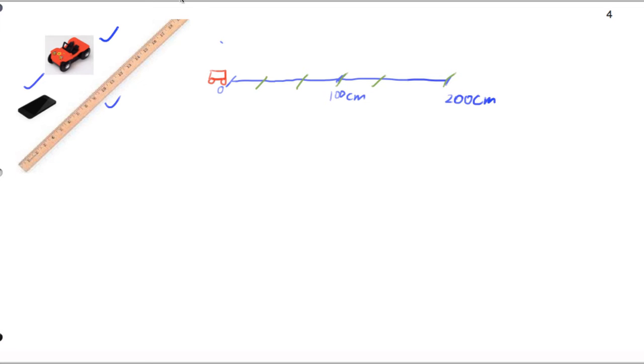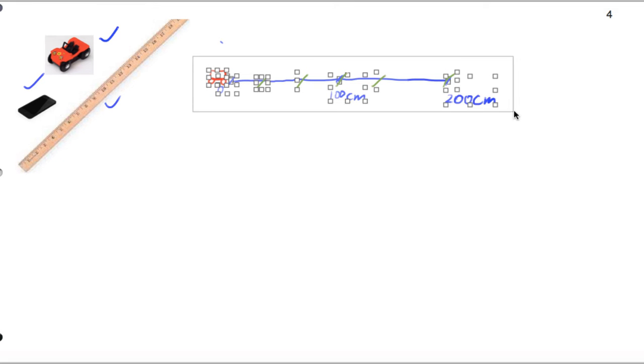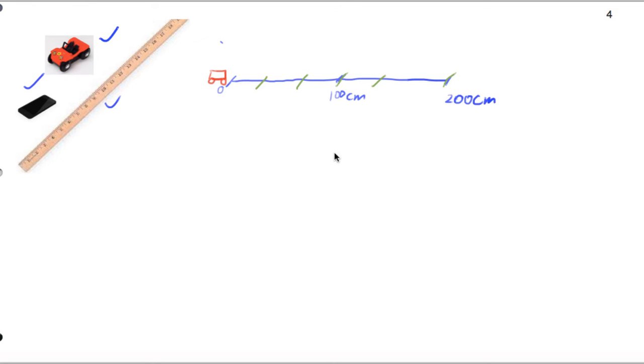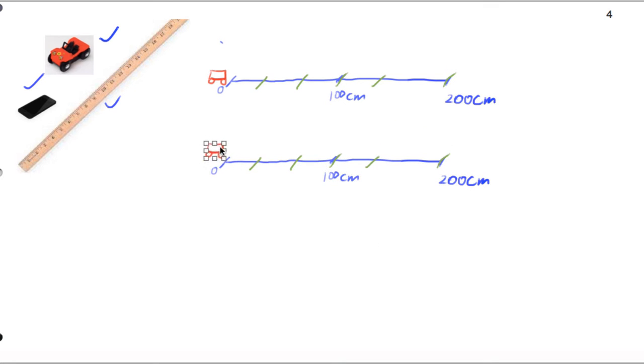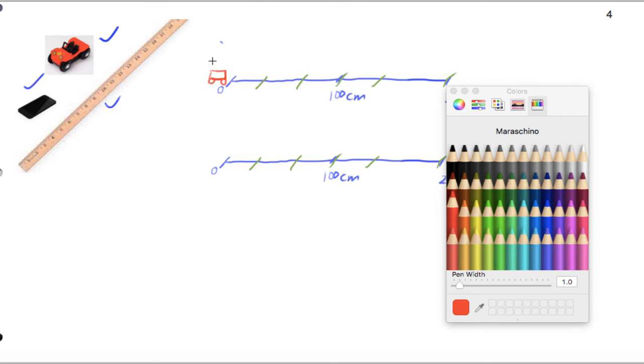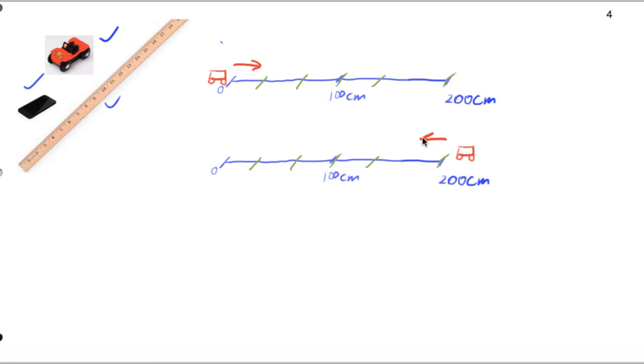In one trial, we ran the buggy going forwards. In another trial, we had the buggy start from 200 and go backwards. So the first trial, we go forwards, and in the second trial, the buggy rolls backwards.